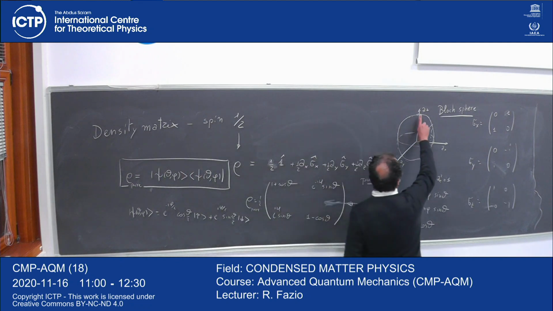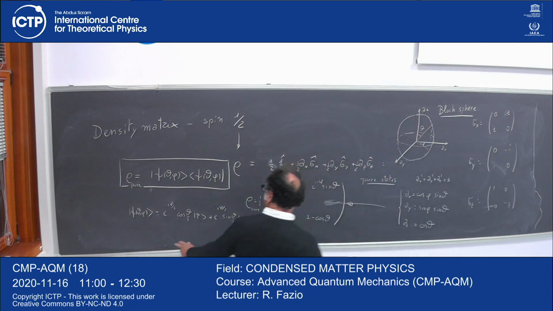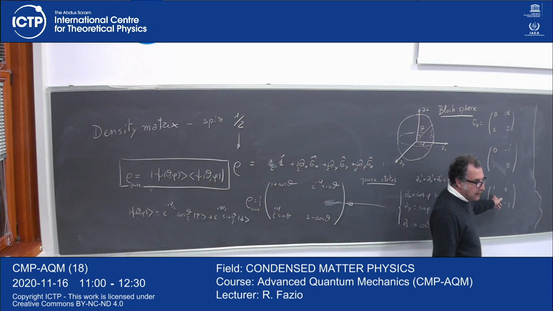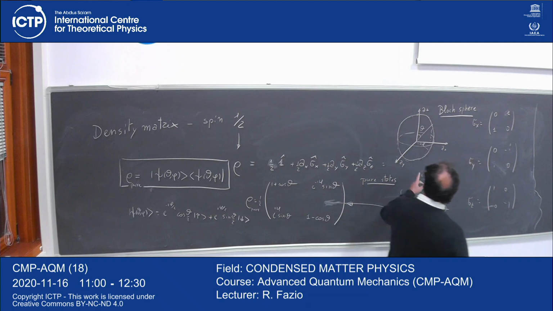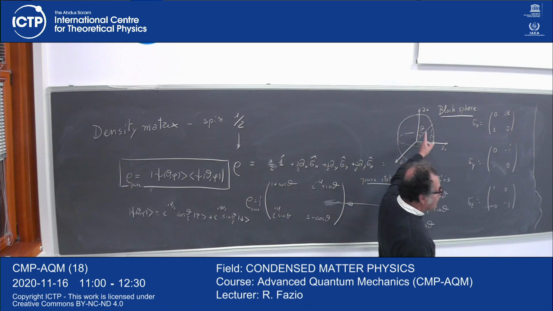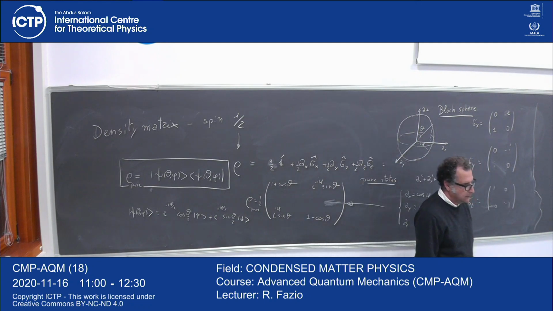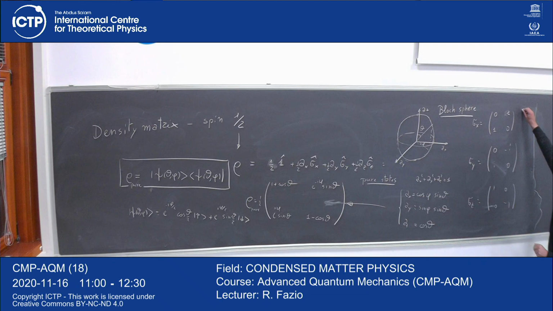So we are at the north pole of the Bloch sphere, and this is the eigenstate of sigma z with eigenvalue plus 1. If you take phi 0 and theta equal pi, you are here at the south pole. You see these angles are not drawn nicely, so I'll just do it here. You just take one point and you take this theta and this phi.